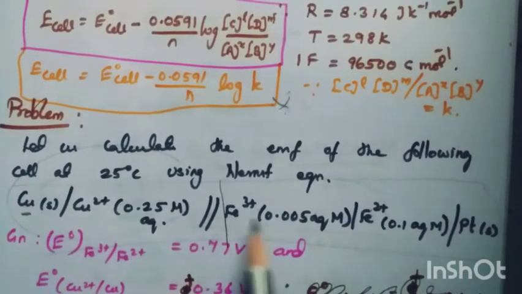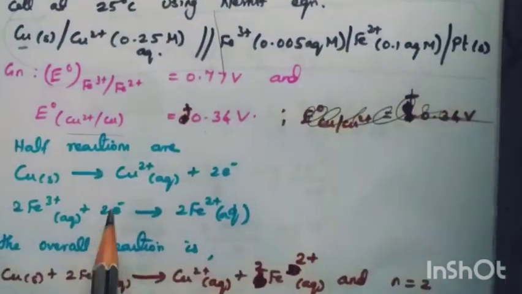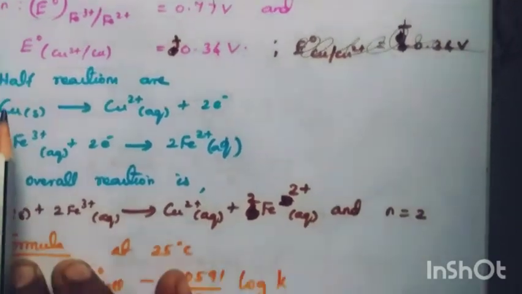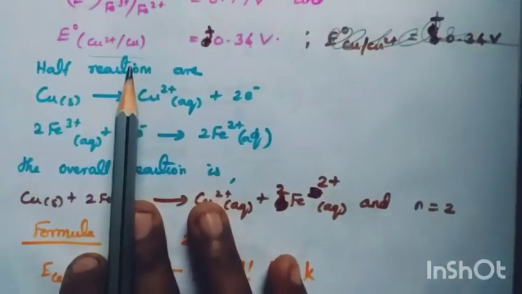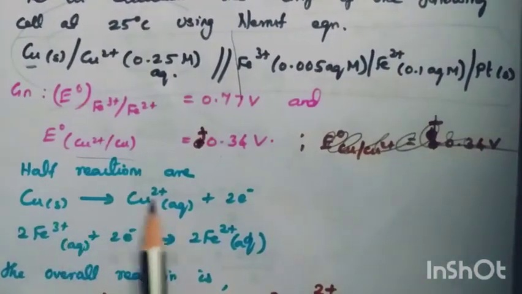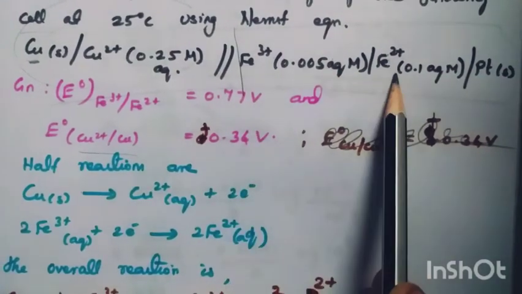The EMF of the different half cells is given: E naught of Fe3 plus, Fe2 plus is 0.77, and the other half cell is 0.34. We write these as separate equations. Cu solid is converted to Cu2 plus. How many electrons are transferred? Two electrons. Fe3 plus is converted to Fe2 plus.